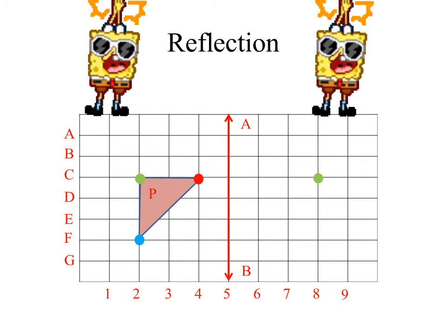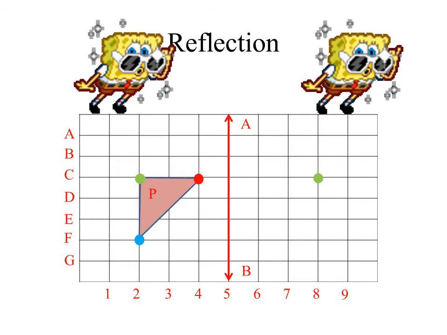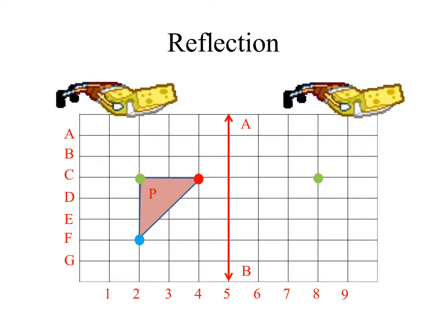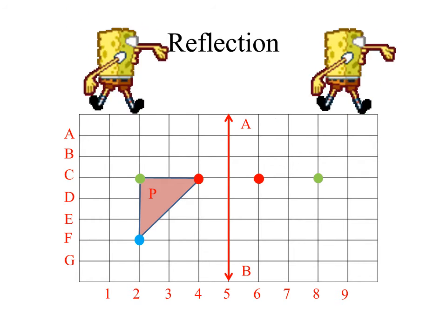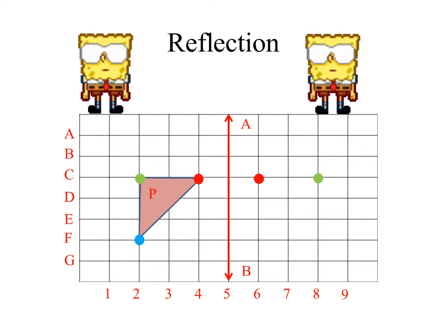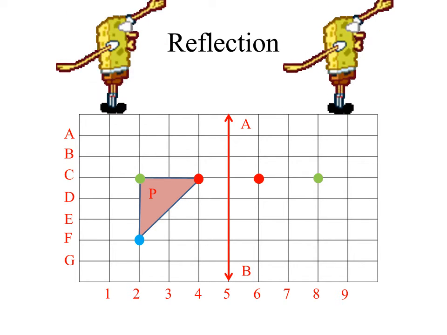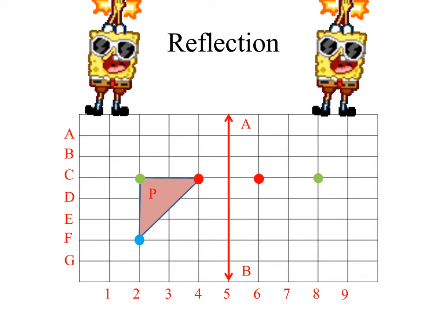Let's look at the red one. Where is that going to fall? If you said C6, you would be correct. It is moving 1 unit to the axis of reflection and 1 unit beyond. Last one, the blue point.